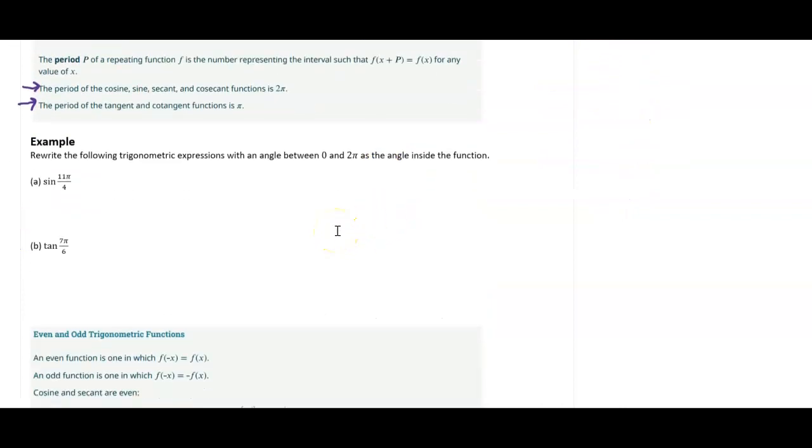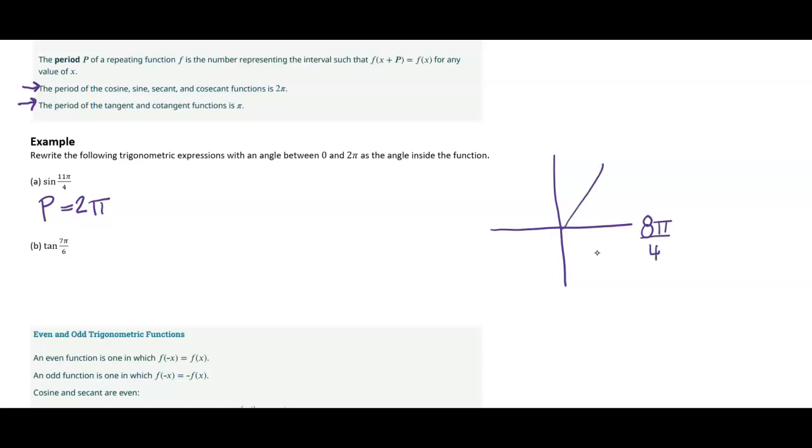We're going to rewrite the following trig expressions with an angle between 0 and 2 pi as the angle inside of the function. Sine has a period of 2 pi. So this is very similar to trying to figure out coterminal angles. 2 pi would be 8 pi over 4.